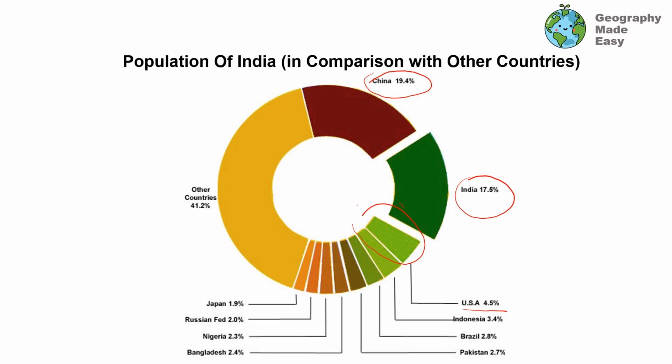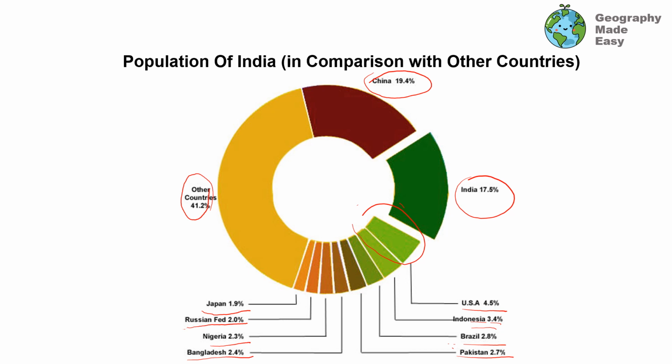This is followed by Indonesia, Brazil, then Pakistan, then Bangladesh, then Nigeria, Russia, Japan, and finally the other countries of the world, the European countries, the Latin American countries, and other countries like Australia. They constitute 41.2% of the total population of the world.